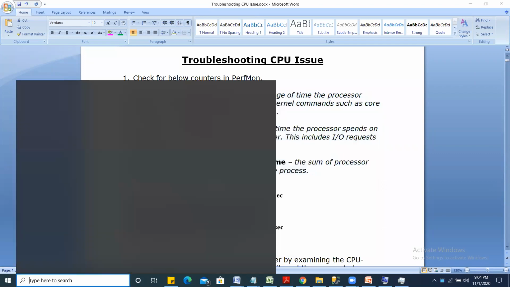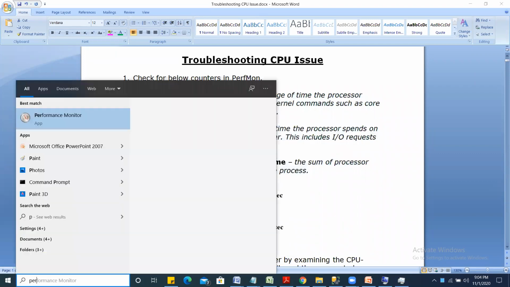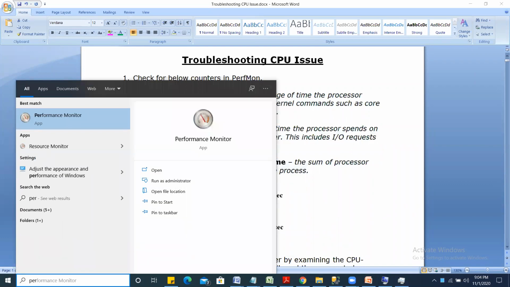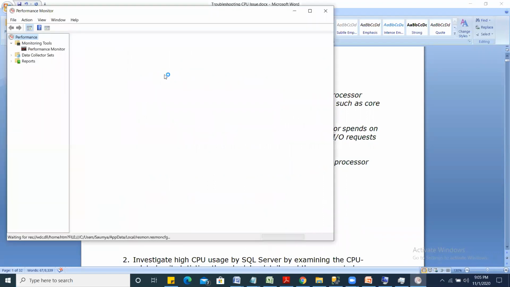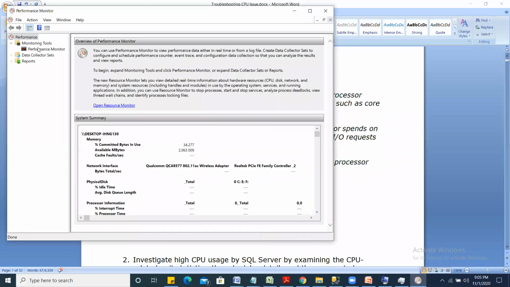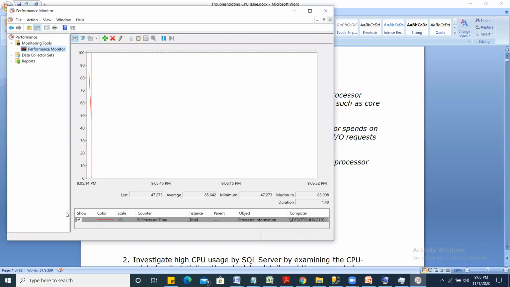Open performance monitor by typing perfmon. Perfmon.exe is the executable for performance monitor. Once you type this, performance monitor will appear here, or you can run perfmon.exe. Click on performance monitor. First uncheck whatever is selected.